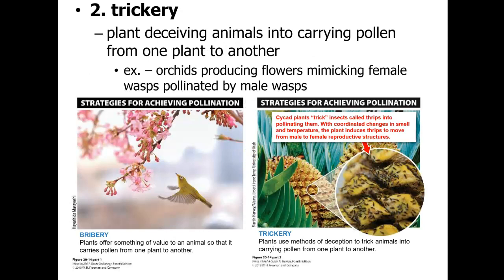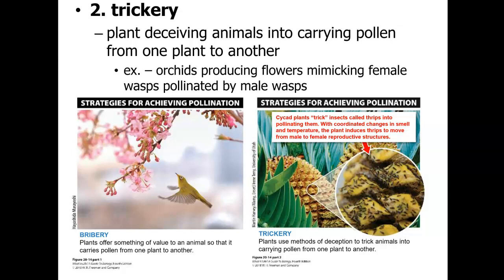Then you have what we call trickery. Plants deceive animals into carrying pollen from one plant to another. So here we have orchids producing flowers that are mimicking female wasps, pollinated by male wasps. And at the bottom you're going to see the cycad plant. The cycad plant is going to trick insects, called thrips, into pollinating them.